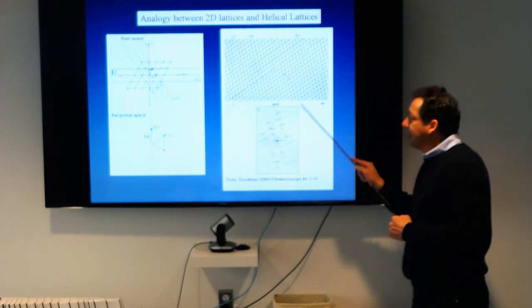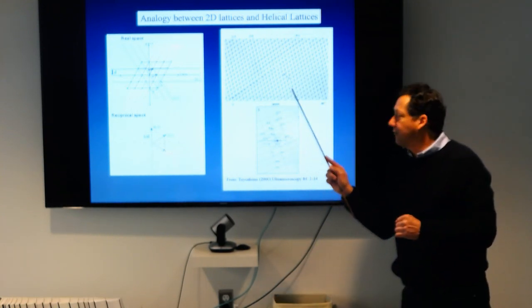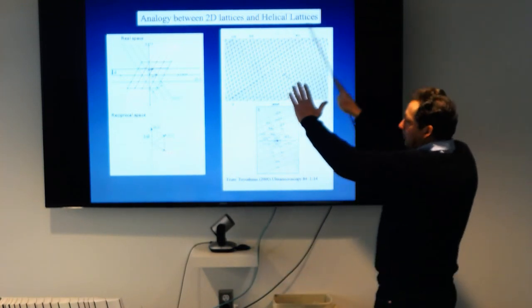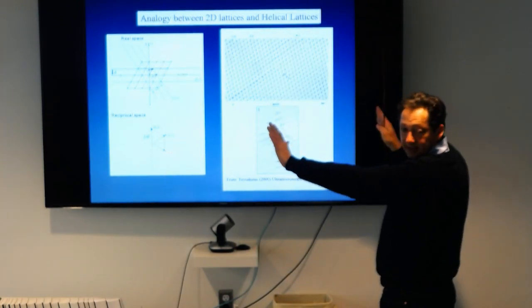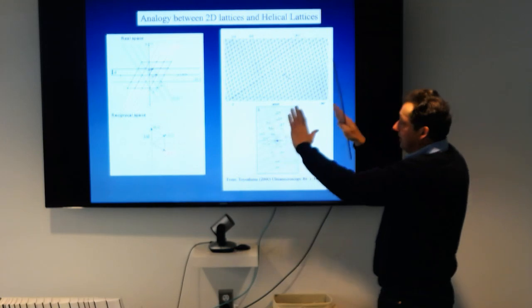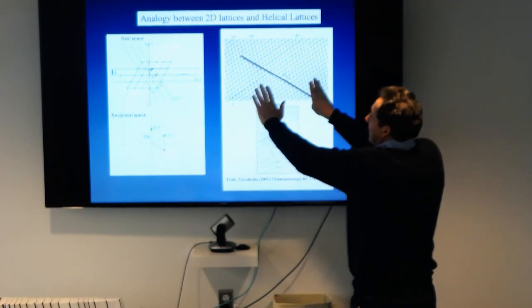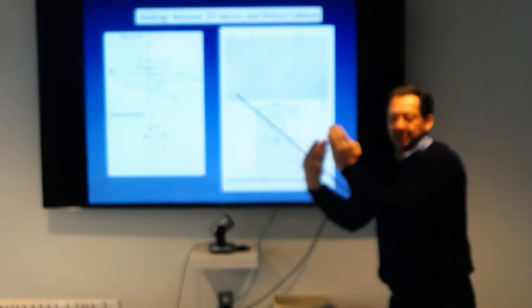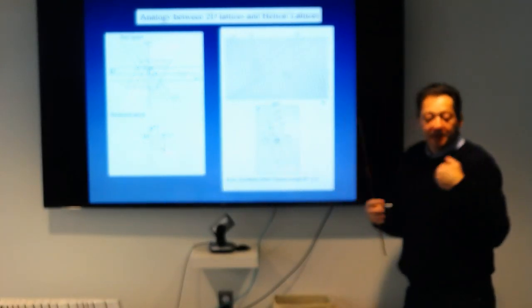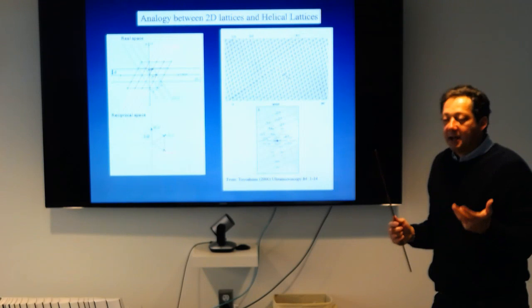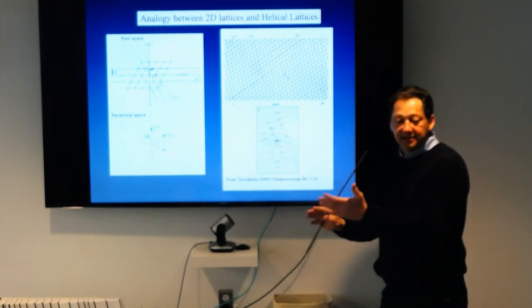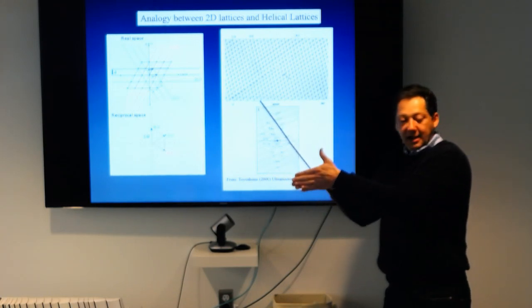In the same way, the complication of a helical lattice is, again, this is an abstract representation in which I have flattened this out. But in reality, you have kind of the same lattice on the other way, because this goes this way. So in an extreme, you can think about this like two lattices, one behind another in front.